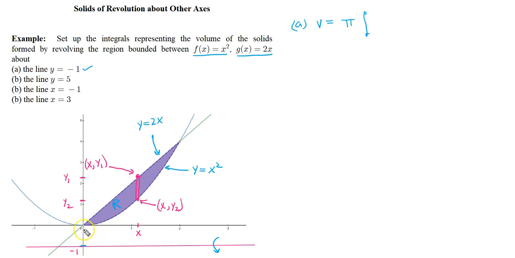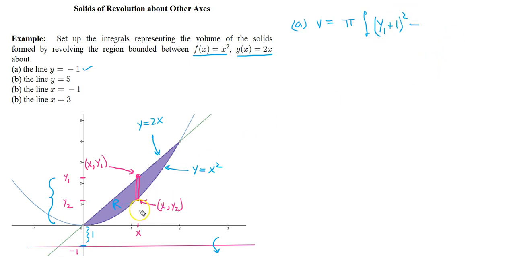This distance right here is 1, and this distance is y1. You see, y1 only measures the distance from the x-axis up to that point. So it's going to be y1 plus 1. That's your outer radius, and then we have to square it.